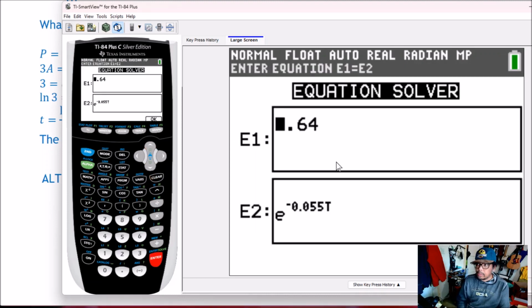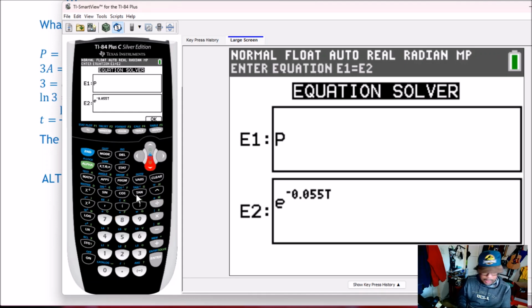And we're going to put our exponential growth equation here. Now let's put P for this first box. And over in the second box, we're going to put A e to the kt.